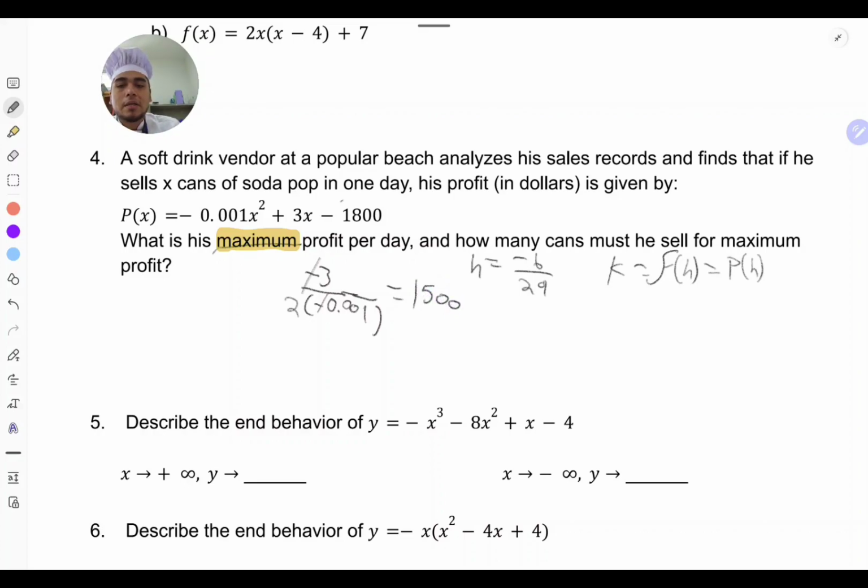So this means that the x-coordinate of the maximum is 1500.